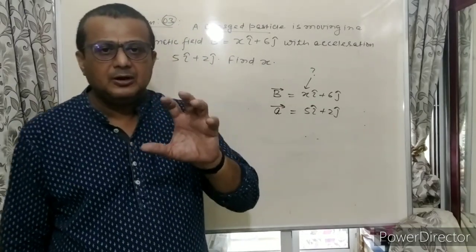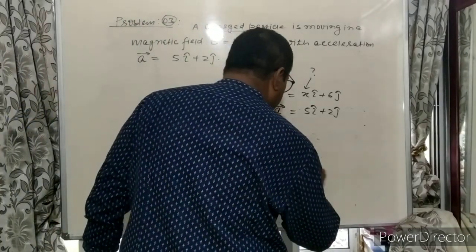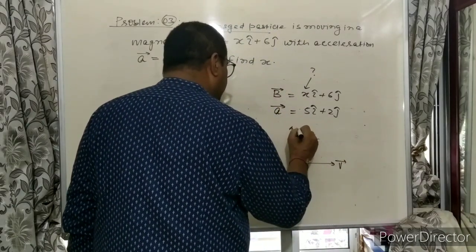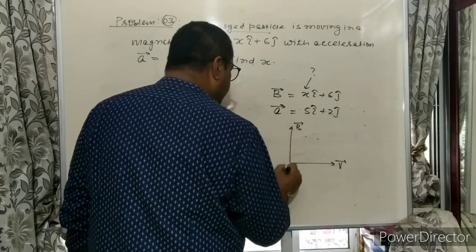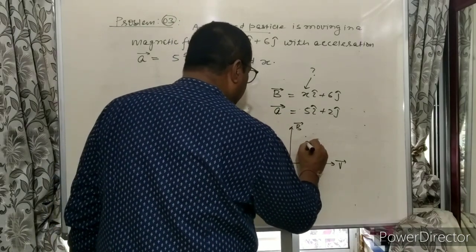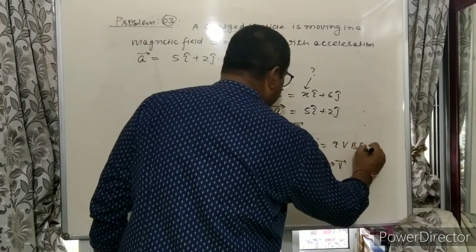We will focus on the concept of magnetic Lorentz force. If a charged particle is moving in a magnetic field, then a force will act. That is Fm equal to Q V B sin theta.